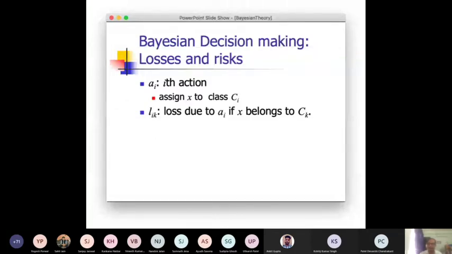That is a theoretical representation of a loss when your actual class and your assignment agree. Naturally, as you understand intuitively, that loss should be zero. At least it should be very small compared to all other kind of actions. But it may be also a zero. I mean, that is more natural. If you take a correct decision, you consider that there is no loss.